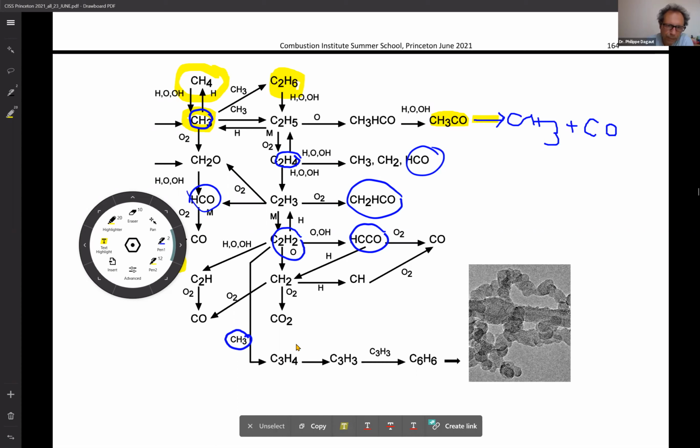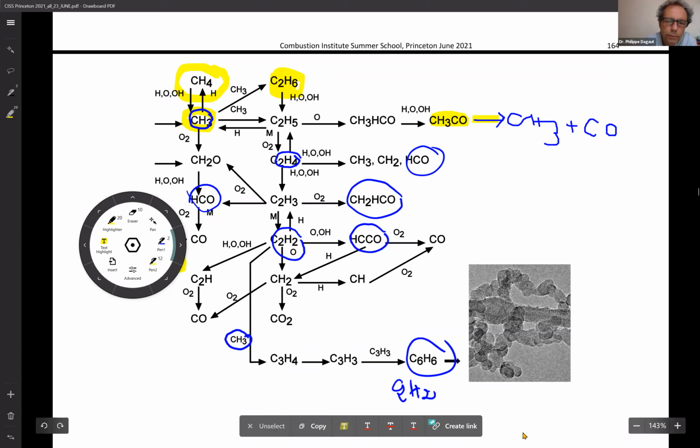Methylacetylene can isomerize into allene, and we can then produce propargyl radical C3H3, which by recombination with themselves produces benzene. And once you have benzene formed, then there is a possibility to grow further through a mechanism that I will present to you later, which involves acetylene.